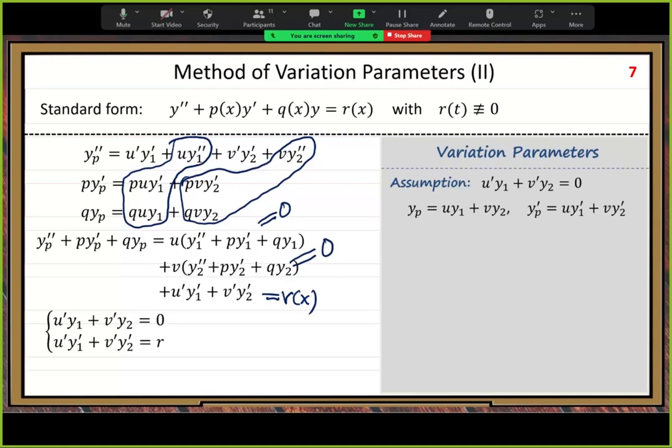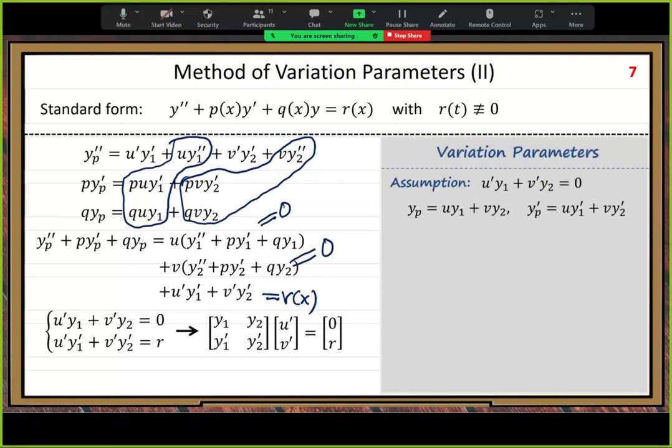Can we solve this linear system for U prime, V prime? Sure, why not? You've got two equations and two unknowns. If I write the matrix equation, the 2 by 2 coefficient matrix is known, this vector is the unknown vector, and this other vector is known.